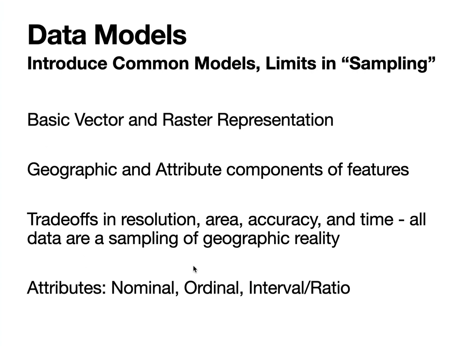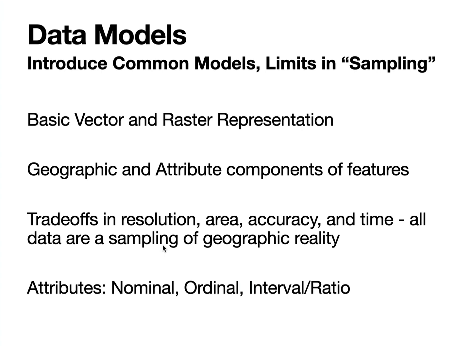And there are trade-offs in how well we record things because of this difficulty in maintaining accuracy over large areas at fine resolutions. So we have to do some kind of sampling in the geographic space to meet whatever our needs are. And we always have to evaluate our data in these data models to meet the sampling we need.